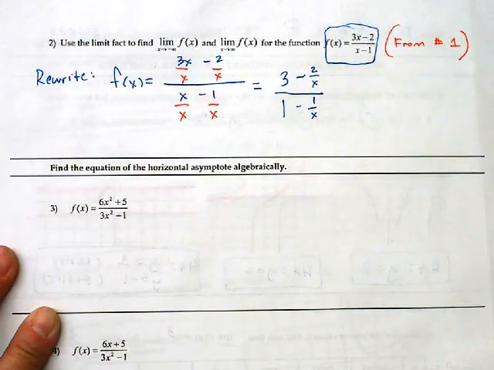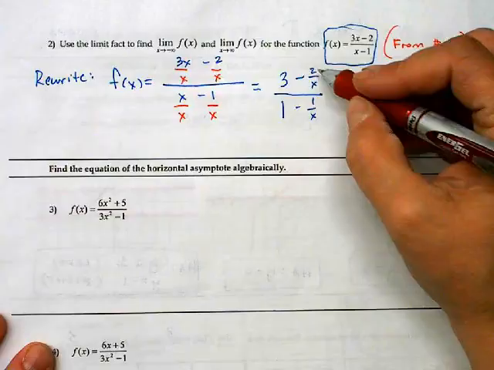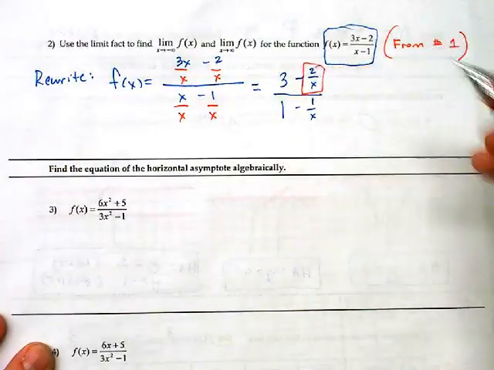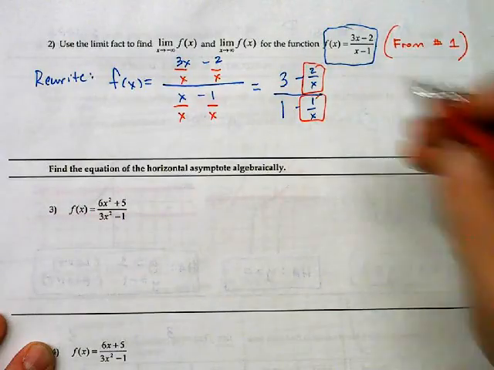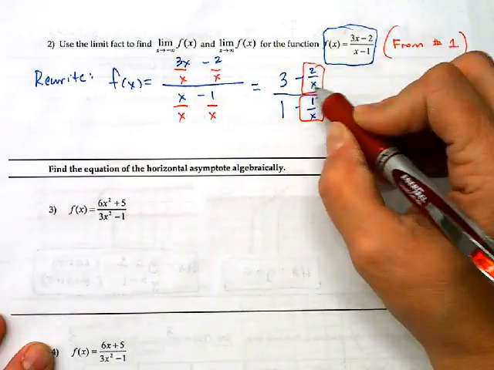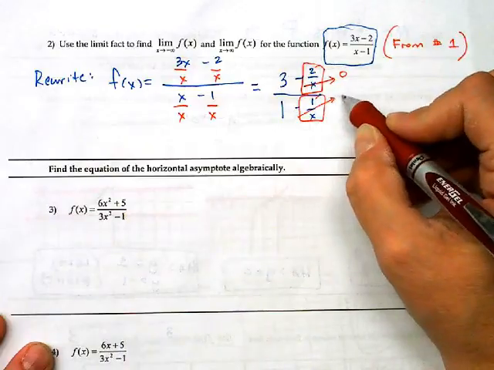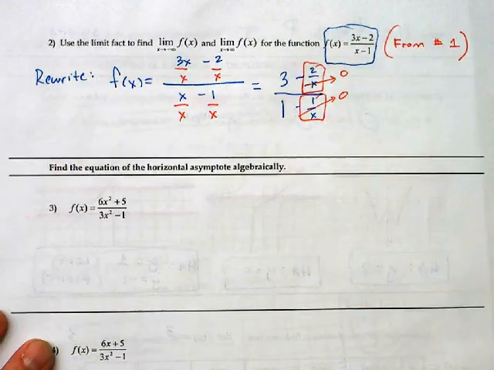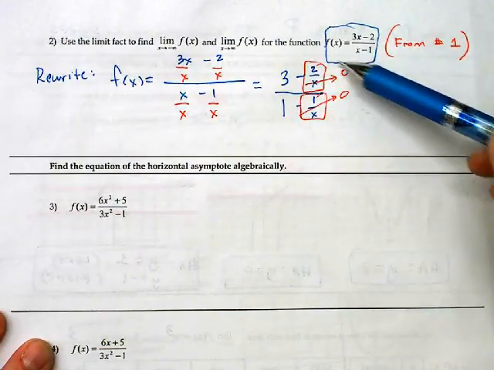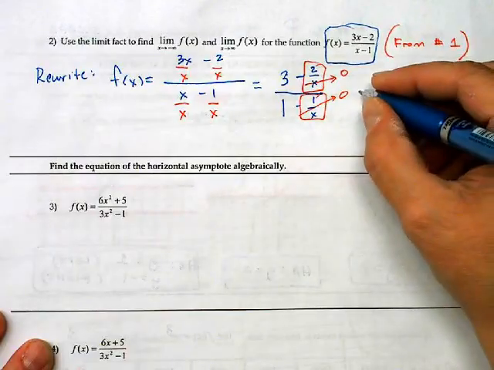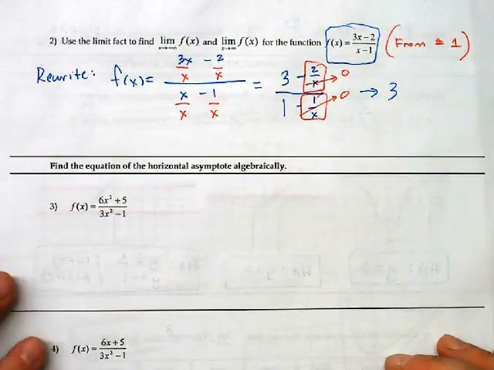But the way it is written is pretty telling, because think now of this tiny little fraction and this tiny little fraction. We just examined things like that, and we know as x gets very, very, very big, the tiny fraction overall gets very, very small, very close to 0. And you get very close to simply dividing 3 by 1, which gets very, very close to 3. Never equals 3, just gets very close.